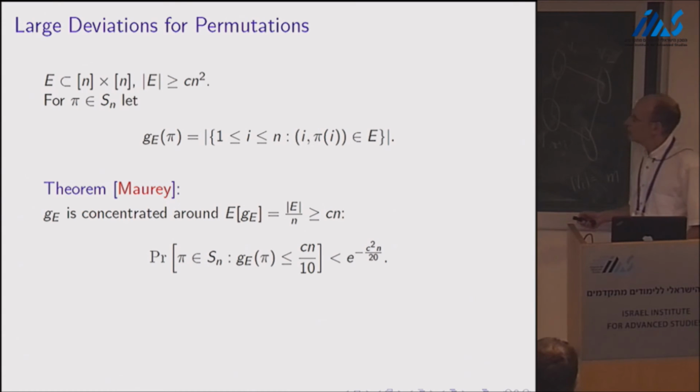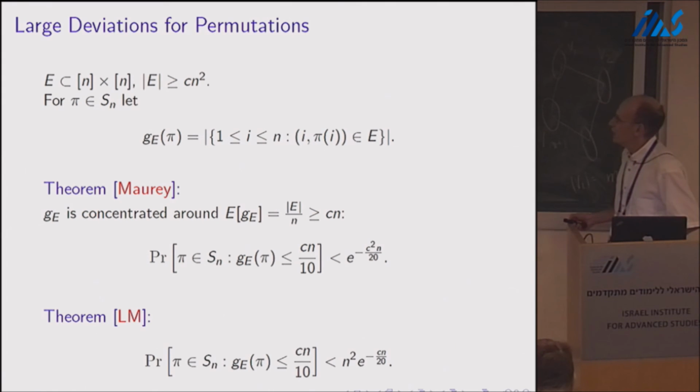Now, Maurey's theorem is actually a part of his theory of obtaining large deviations using martingales. But there is another approach, which gives a slightly better estimate, depending not on C squared but on C, which is better when n is big.